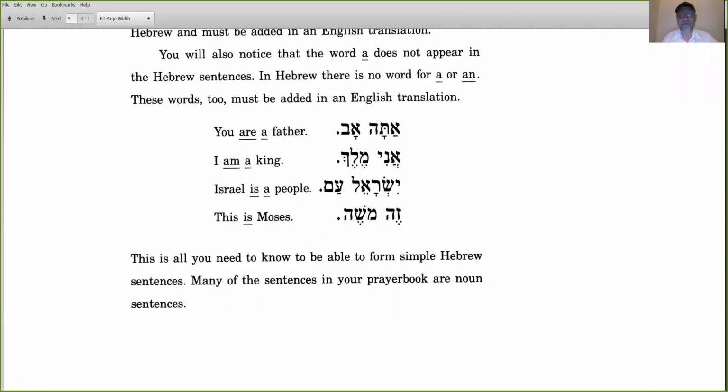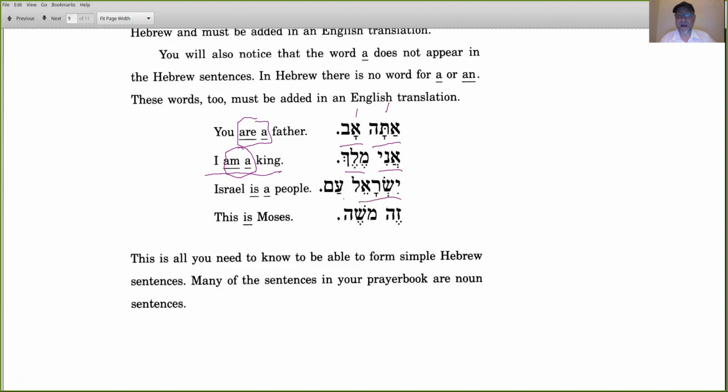Okay, so you notice where it says Ata Av, you father. In English, you're adding these here. You are a father. Ani Melech, I king. In English, you are adding I am a king. Okay, but it's more simple in Hebrew.